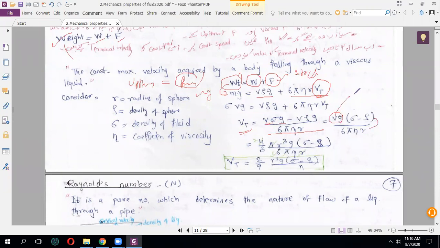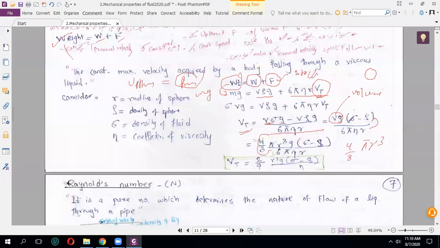Now this V is nothing but the volume. Here we are using a sphere falling inside the liquid, so what is the formula for the volume of a sphere? 4 upon 3 pi r cube. So we replace this volume by 4 upon 3 pi r cube.